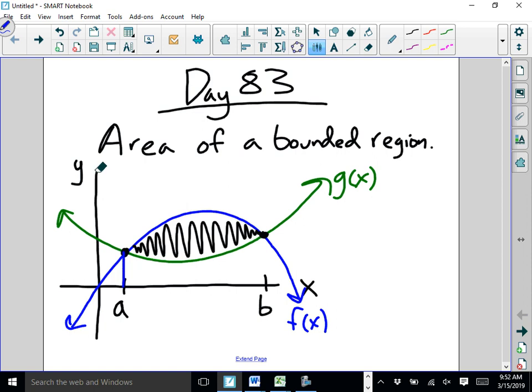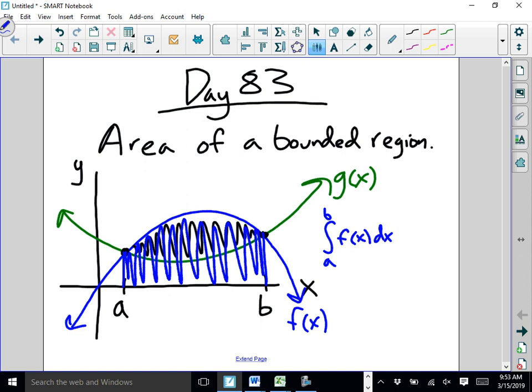So the integral from a to b of f of x would give us this. That would give me all of that area. Now that is not the same as the area of the black that I'm trying to find. It's not the same as the bounded region, but it includes all of the black plus some extra stuff.